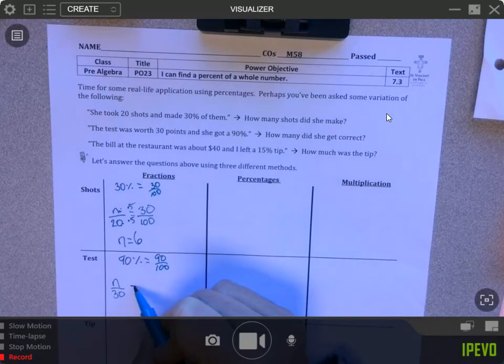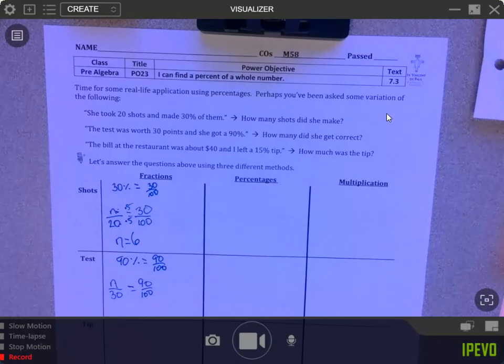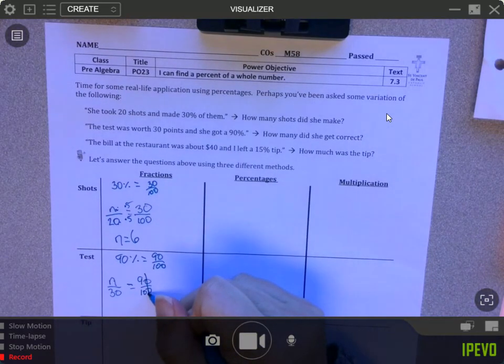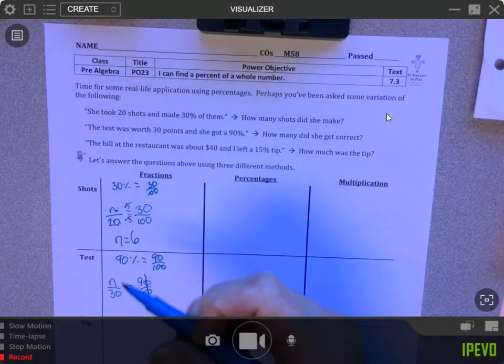So n over 30 equals 90 over 100. What do you think we should do? How do we solve this? David? We divide it down by 10 on the other side. Okay, so I can divide that 10 out. So how do I go now?